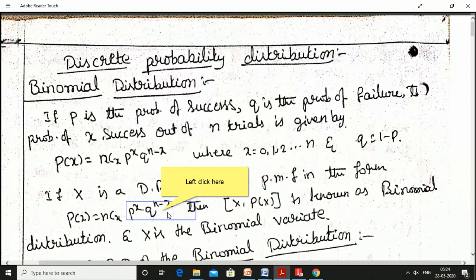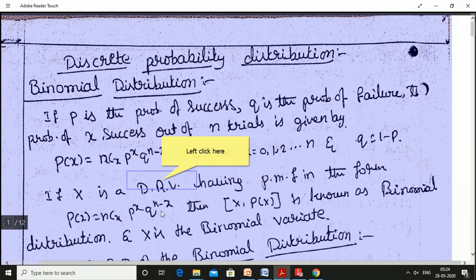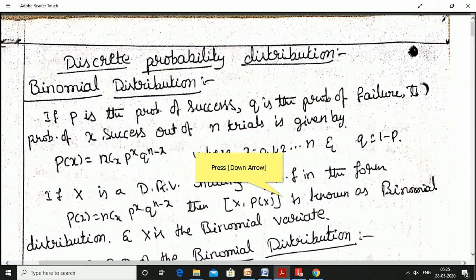Just remember, if X is a discrete random variable having probability mass function P of X is equal to nCx P power X Q to the power of n minus X, where X takes the values from 0 to n, then the distribution X comma P of X is known as the binomial distribution.